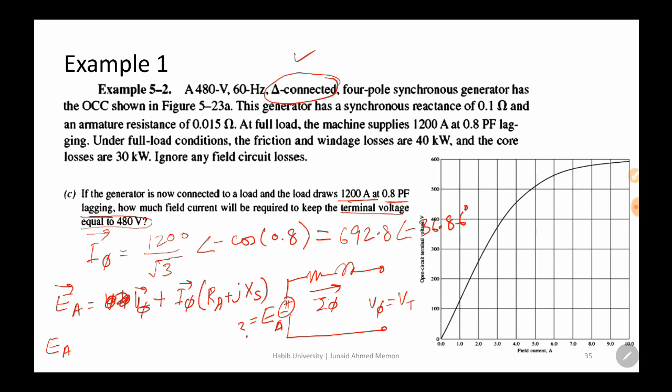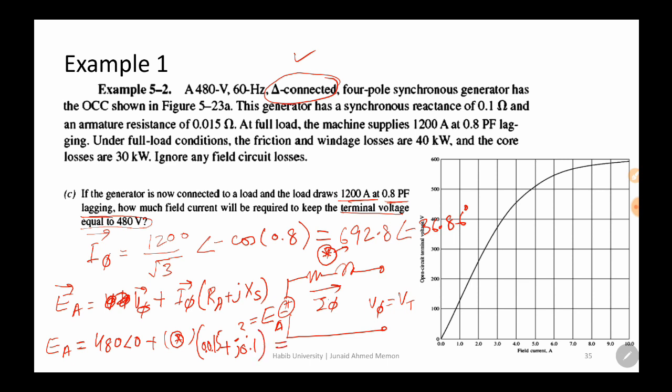So let's substitute these values. EA will be equal to 480, and let's assume that as a reference, so angle is equal to 0, plus I phase, which we know from what we just obtained, times RA, which is 0.015, the armature resistance, plus j times the synchronous reactance, which is 0.1.